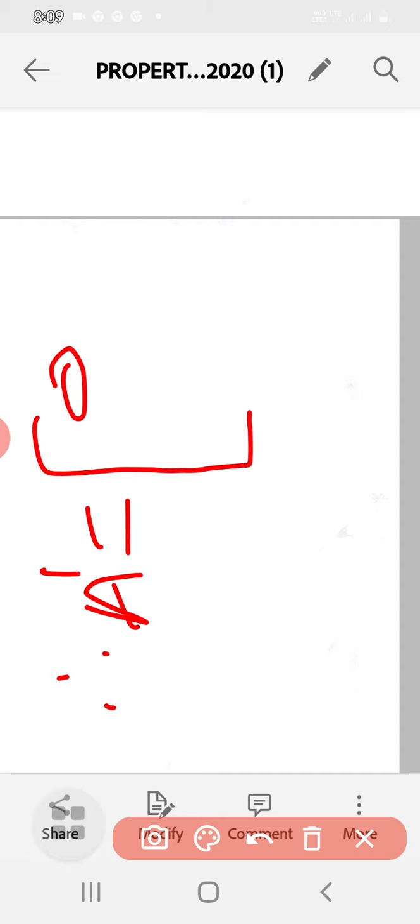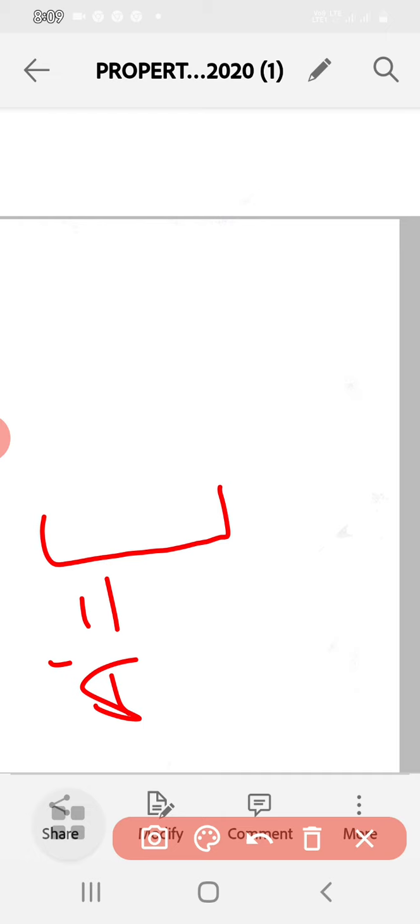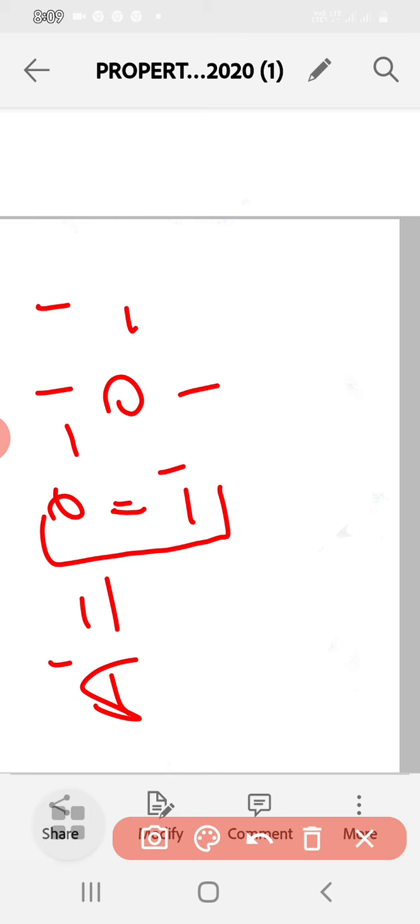A dash is equal to 0 1 minus 1, then minus 1 0 1, then the last row is 1 minus 1 0.